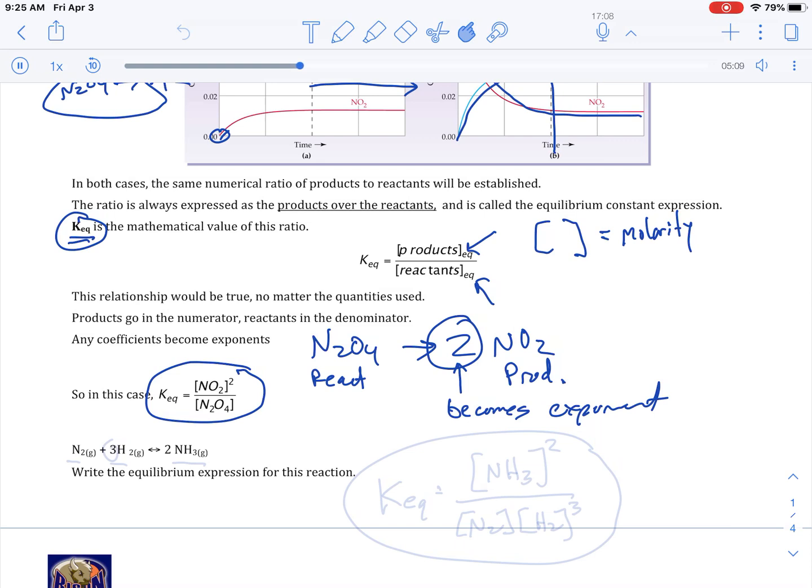For the ammonia reaction, NH3 is our product, nitrogen and hydrogen are our reactants. So our equilibrium expression here, well, pause it here and see if you can figure it out.